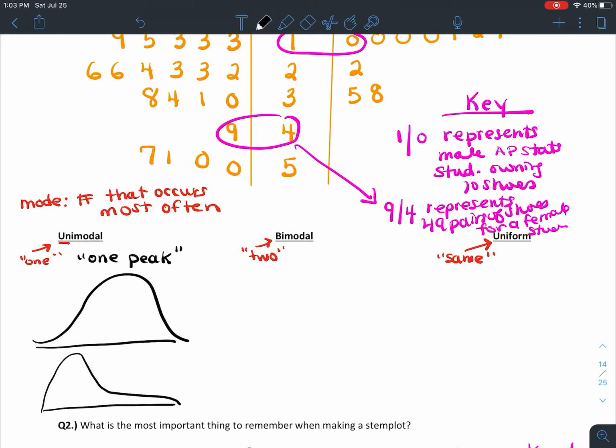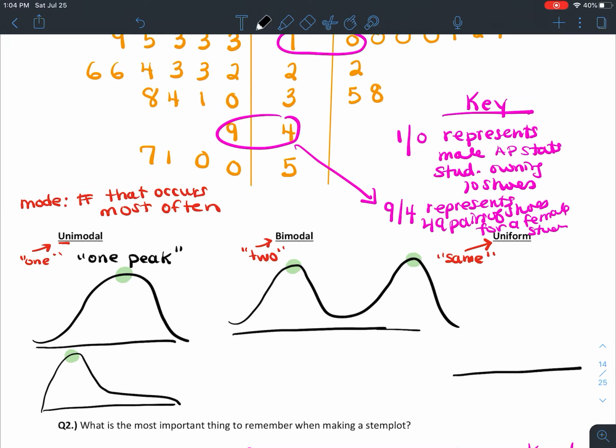Skewed to the right would also be unimodal, because we're just talking about how many peaks there are at the top. Bimodal would be something where the peaks don't have to be exactly the same height, but a lot of times they are both kind of competing for the most frequent value. That's an example of a bimodal graph.